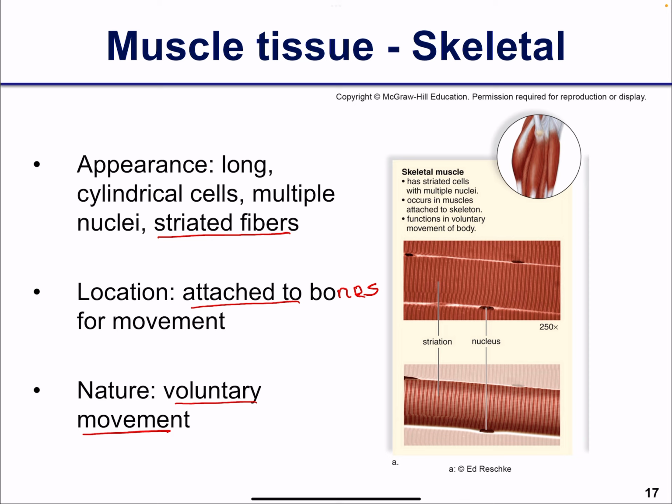The muscles in your leg, you control them. You decide to move your arm to turn the pages of your book, or to move your finger. These are all skeletal muscle, and they are called skeletal muscles because they are attached to the skeletal system.